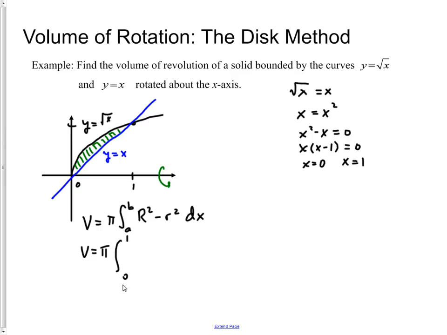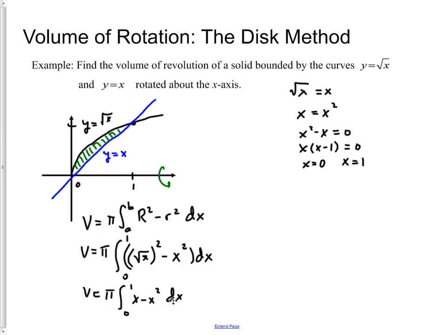Our upper function is the square root of x, quantity squared, minus our lower function, which is x squared, times dx. All right, now it's off to the races. Let's go ahead and take this integral of pi from 0 to 1 of x minus x squared dx.